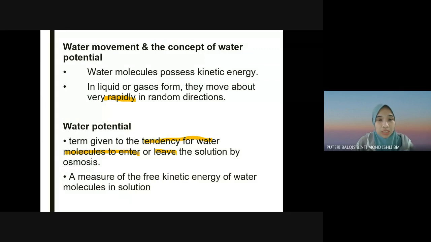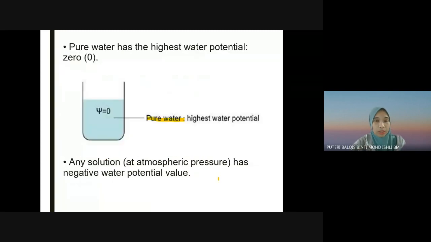Water potential is a measure of the free kinetic energy of water molecules in solution. It measures how much kinetic energy is free, meaning how many water molecules can move, the movement power of water molecules in one place. That is water potential.